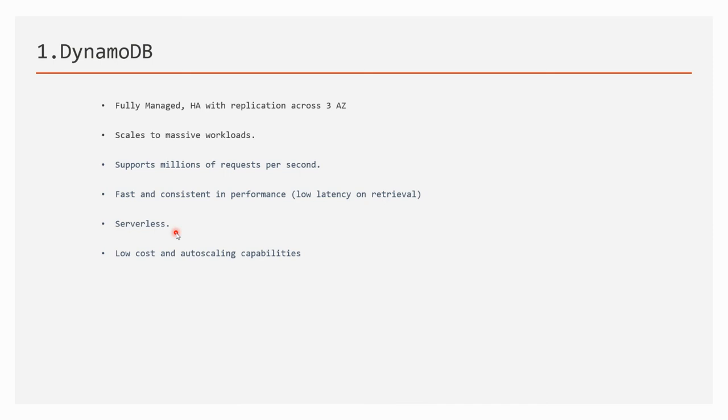That's what we call serverless. We just directly create the DynamoDB database, and then start creating items there, or a table. We call it a table, and then put items there. But don't get confused with the table that we use in RDBMS. So this is serverless, with very low cost and a lot of auto scaling capabilities. So this is what DynamoDB brings to the table.